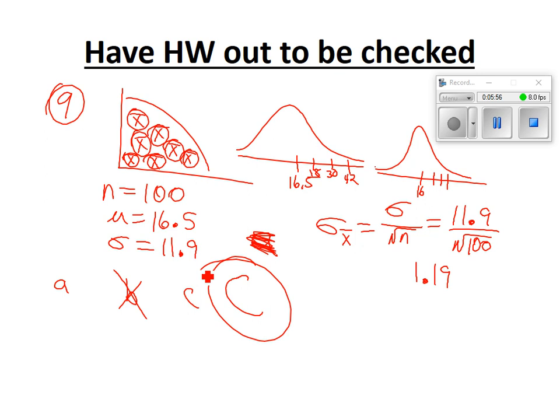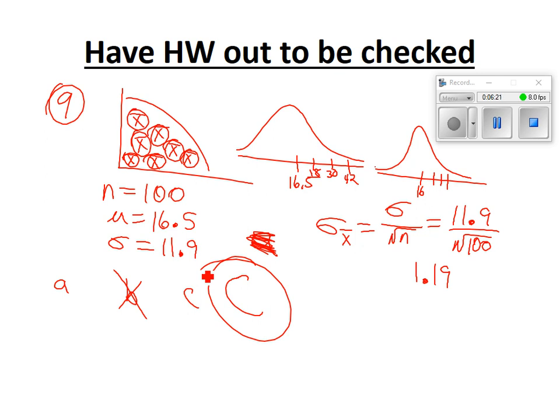Other questions? Five through eight real quick. Determine whether the statement is true or false. If it is false, rewrite it as true. Number 5, as the size of a sample increases, the mean of the distribution of the sample means increases.